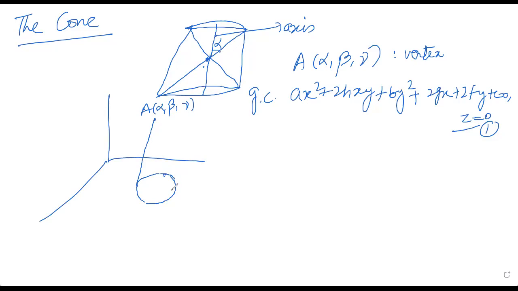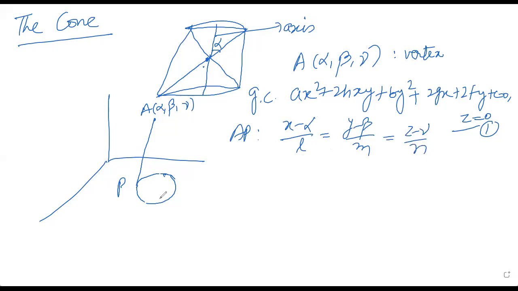It is not necessarily circular, it may be any curve. Because z is equal to 0, it will be on the XY plane. So the equation of AP I can write as x minus alpha by l is equal to y minus beta by m is equal to z minus gamma by n.